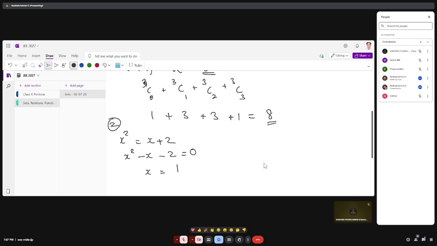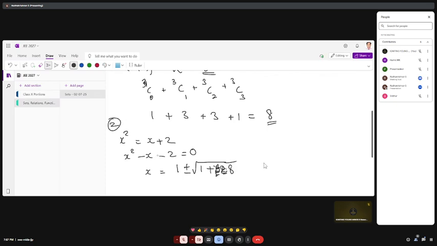Minus b plus or minus root of b square minus 4ac. Here a is 1, c is minus 2.